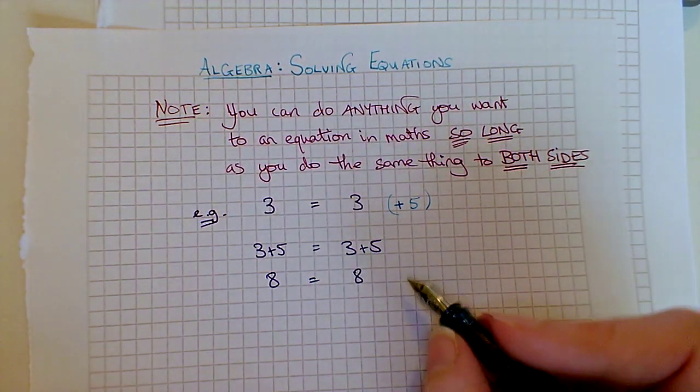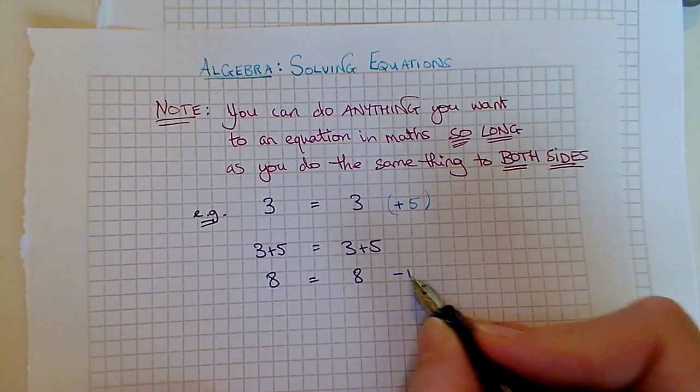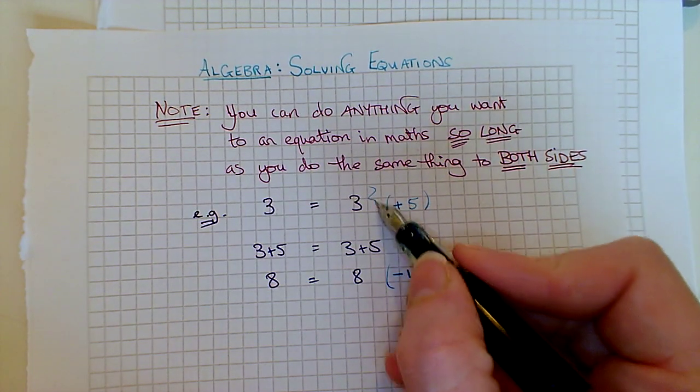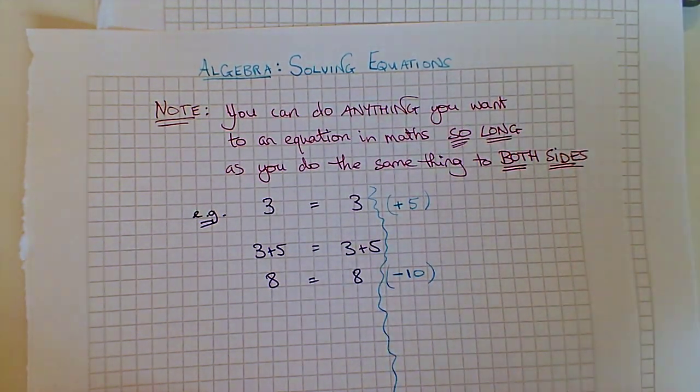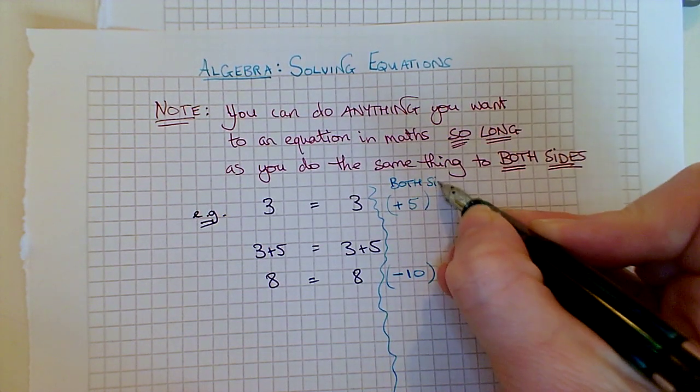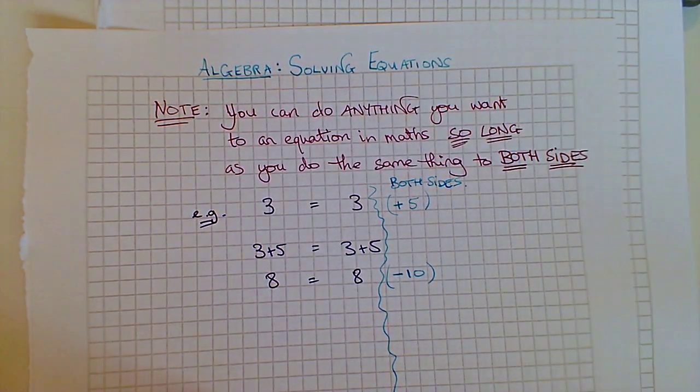What about subtracting? I can subtract maybe 10 from both sides. I'm writing down in blue what I'm doing to both sides. So let's separate this off. So this is what I'm doing, and I must do it to both sides of the equation.